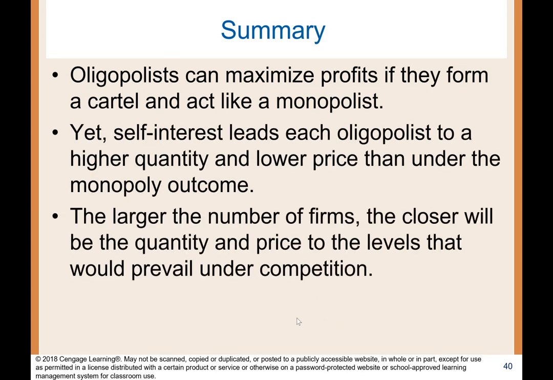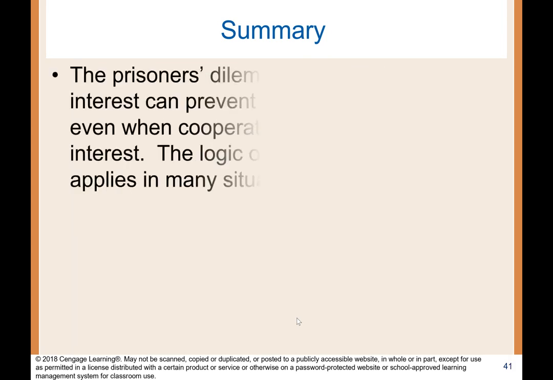Summary. Oligopolies can maximize profit if they form a cartel and act like a monopolist. Yet self-interest leads each oligopolist to a higher quantity and lower price than under the monopoly outcome. The larger the number of firms, the closer the quantity and price will be to the levels that would prevail under competition.